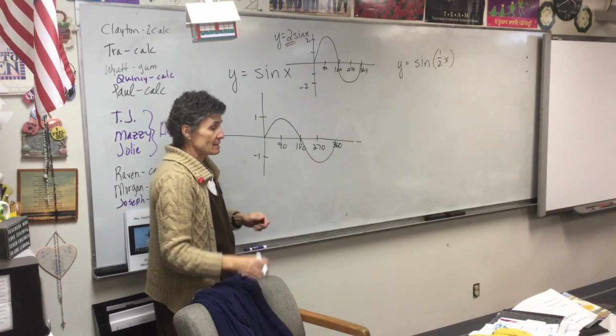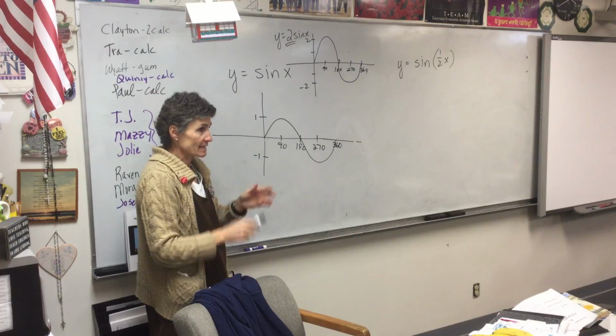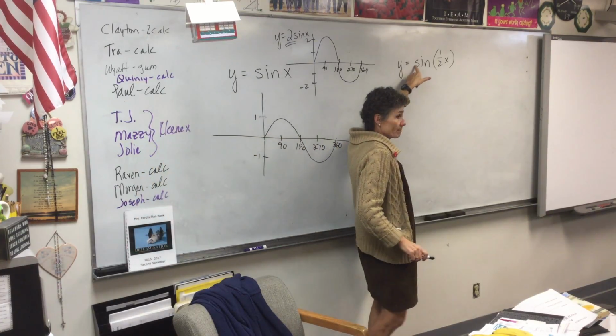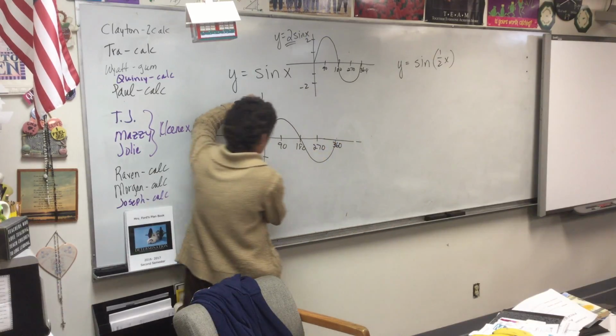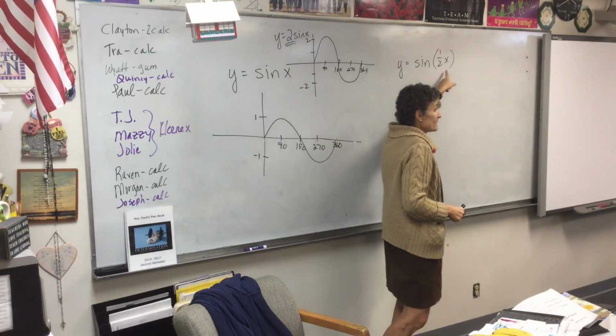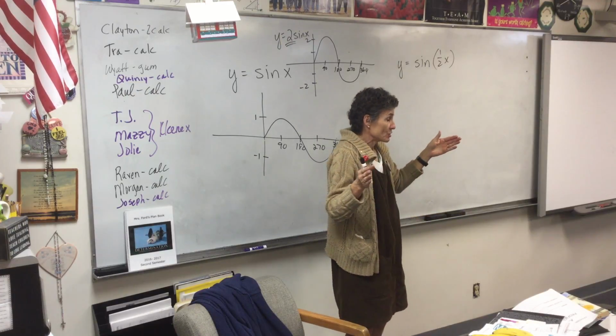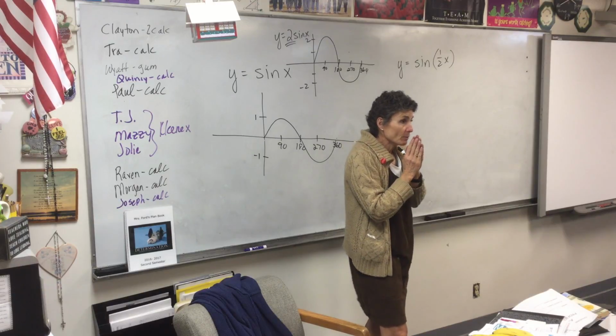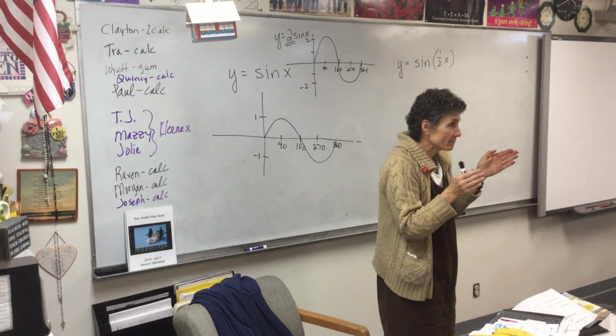Now, see where that 1/2 is? That's in a different place. If it's out here in front, we know that changes these labels, right? When it's on the X, it changes this way. Do you remember what it does this way?